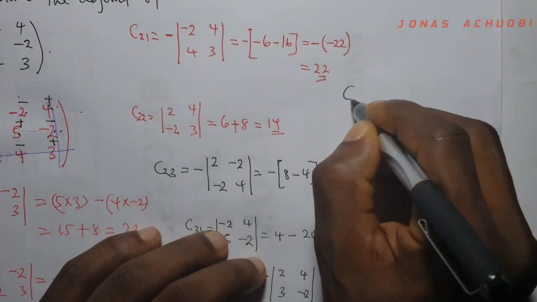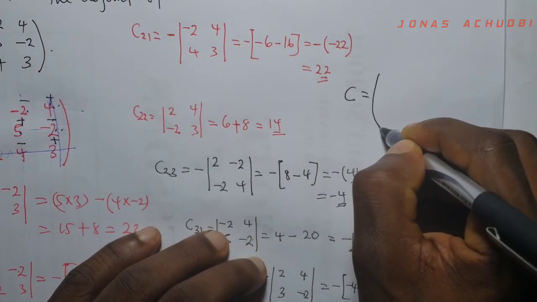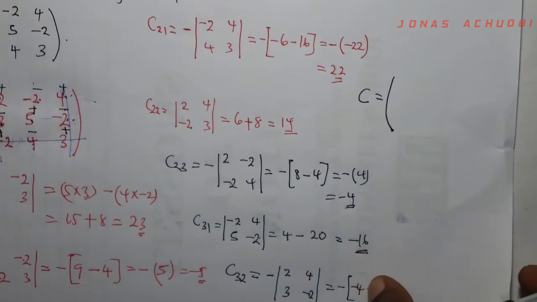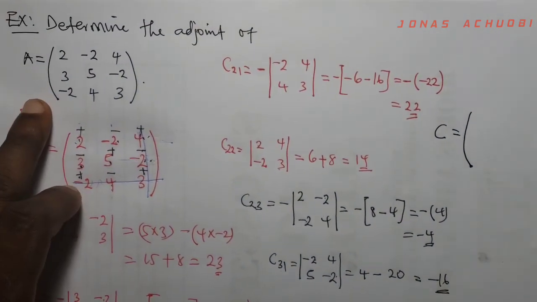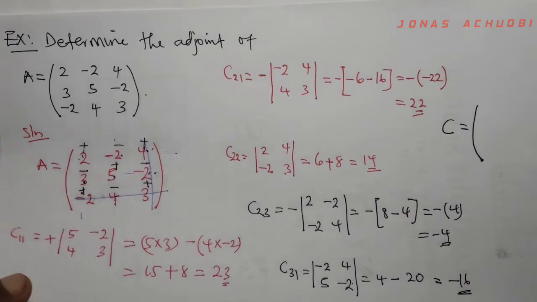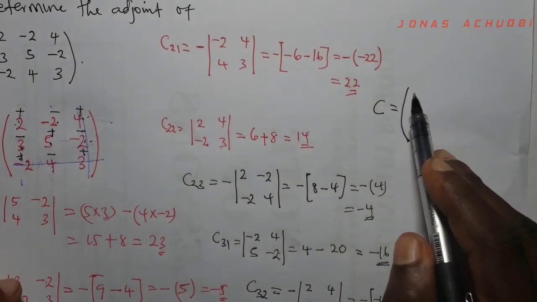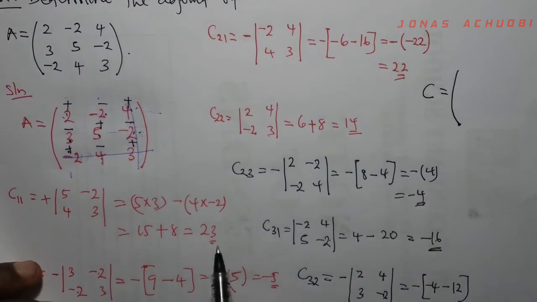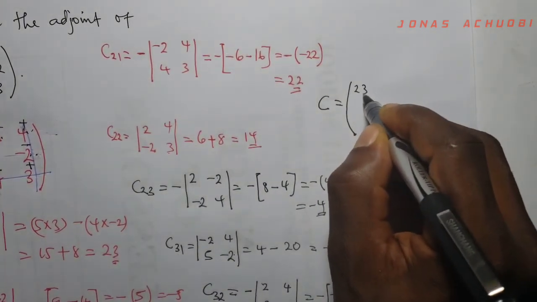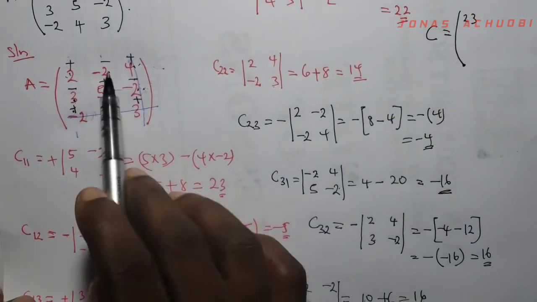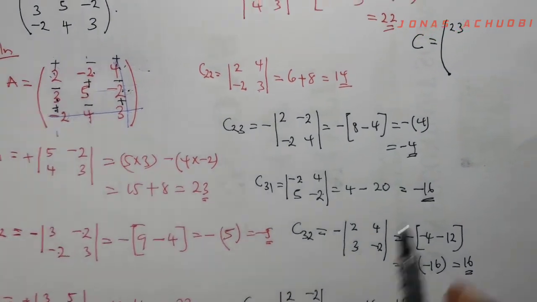So I define a new matrix, matrix C, which will also be a 3 by 3 square matrix, because if matrix A is 3 by 3, then its adjoint will also be a 3 by 3 square matrix. So matrix C, which is the matrix of cofactors, is, now the cofactor for A11 is C11, which is 23. The cofactor for A12 is negative 5.